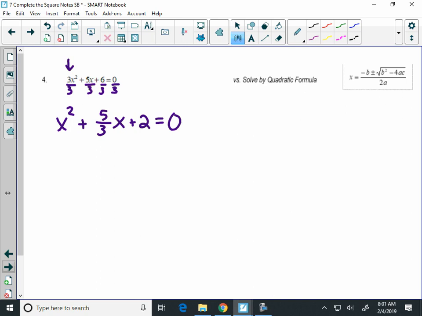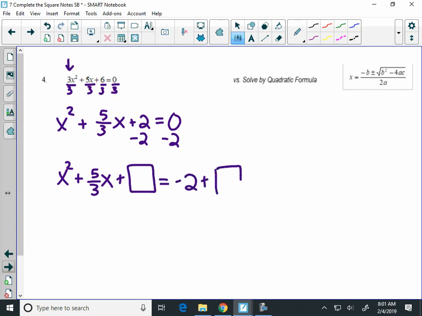So first of all, I have a fraction which doesn't look really friendly. It's kind of yucky. So let's do another step or so, and then we'll see where we get. I'm going to subtract 2 from both sides. So I would take x squared plus 5 over 3x plus our box equals negative 2 plus my box.